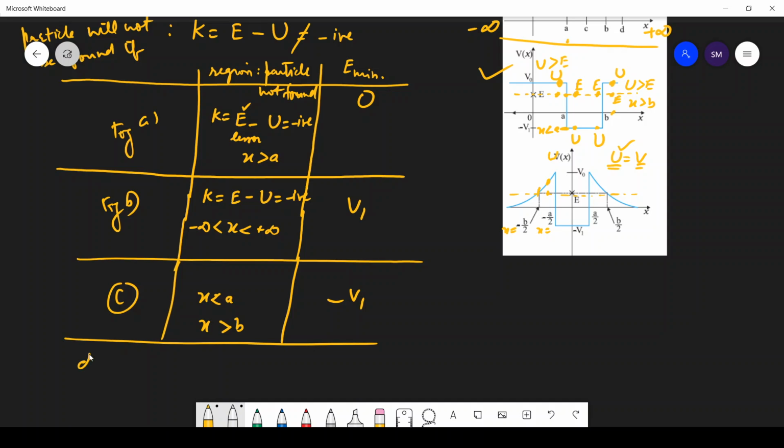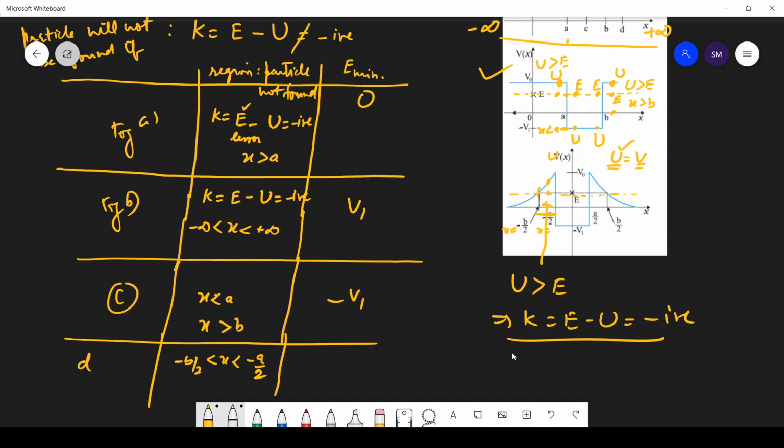So the particle will not exist in the region from minus b by 2 to minus a by 2, because in this region potential energy is greater than E, which means kinetic energy, which is E minus U, will be negative, as E is smaller. And that is why the particle cannot exist in such regions.